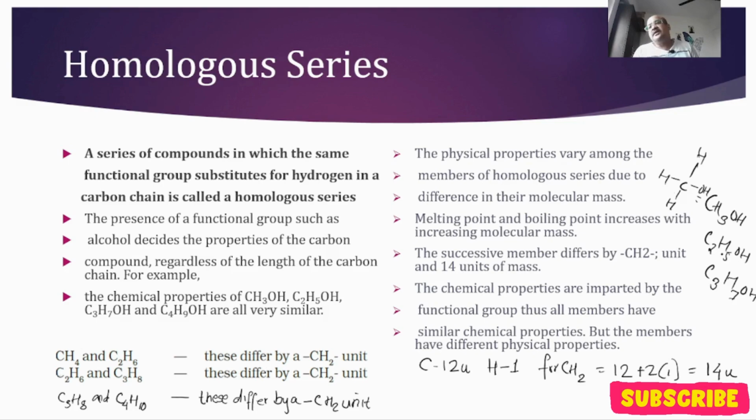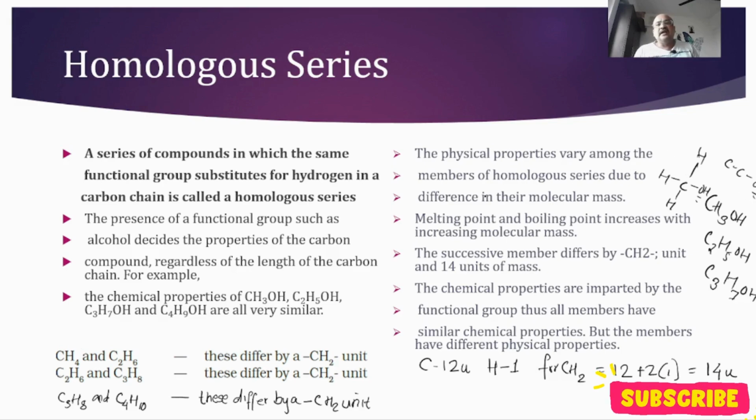Now what will happen in ethanol? In ethanol, it is like this: one of the hydrogens is replaced by the OH group. This hydroxyl group is the alcohol group that imparts particular properties to the compound.